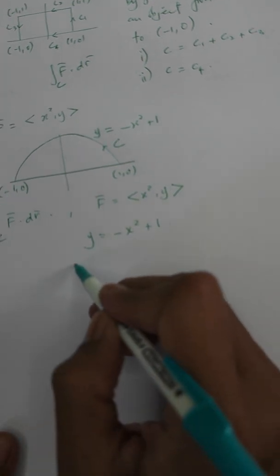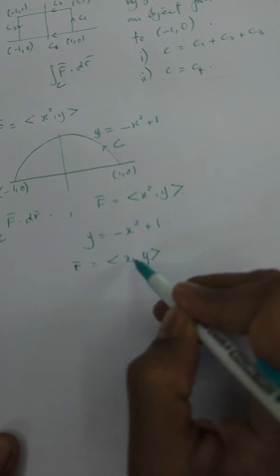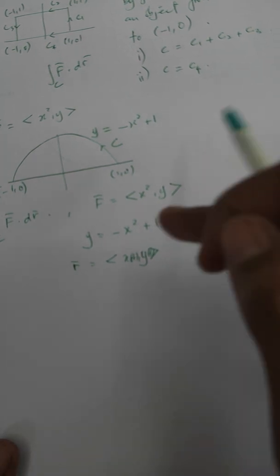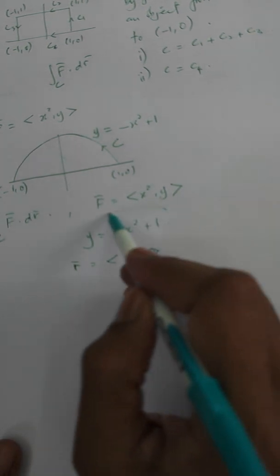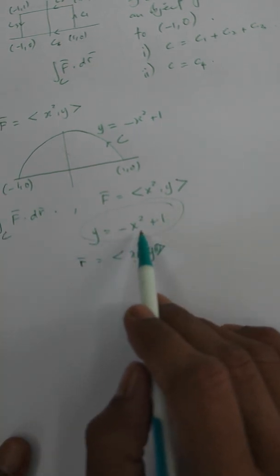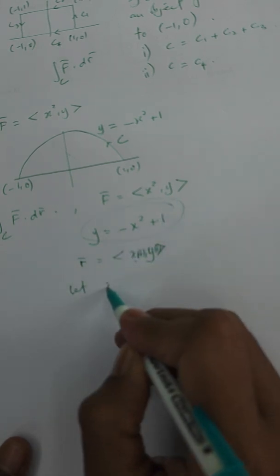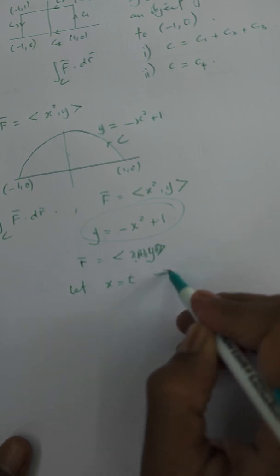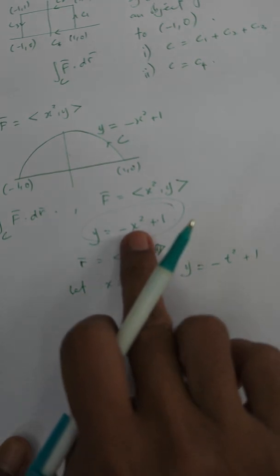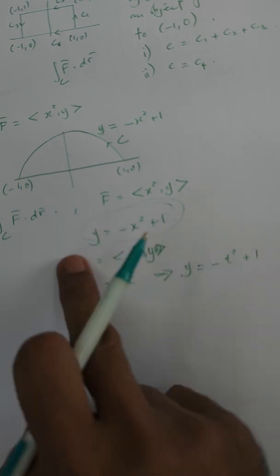Remember that for r we need x and y, x of t and y of t, parameter t. So how can we transform this equation into vector form? Of course you can, by letting x equal to t, then we have y equal to minus t squared plus 1. Of course you can also let y equal to t, but then you need to write x in terms of t.